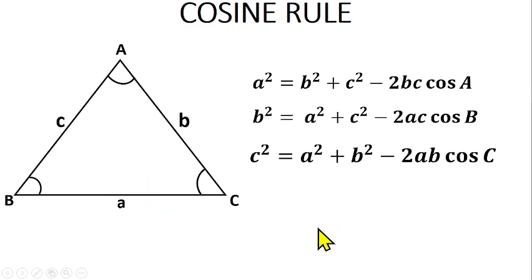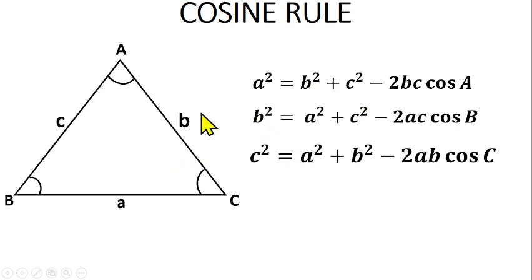But I must tell you that you don't need to cram all this. For every triangle given to you to resolve, you are going to formulate the cosine rule for that triangle. So if I'm given a question to solve and I'm sure that I'm going to use the cosine rule instead of the sine rule, then I should be able to formulate the cosine rule based on that triangle.